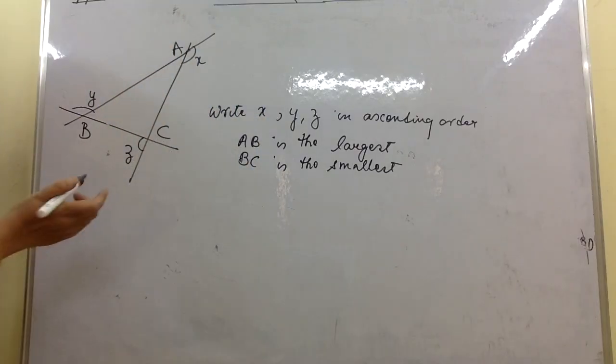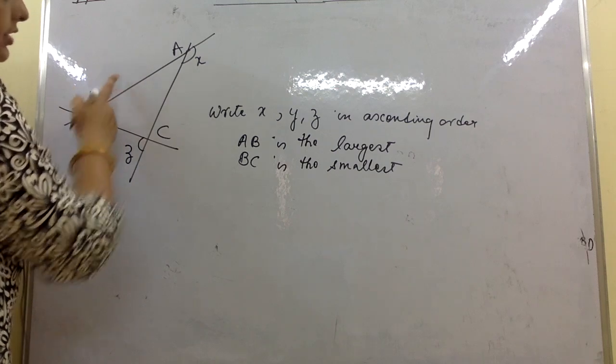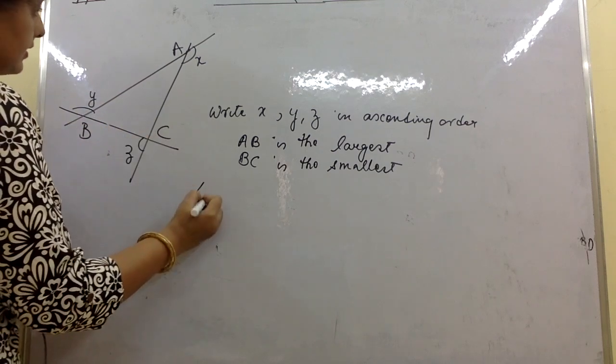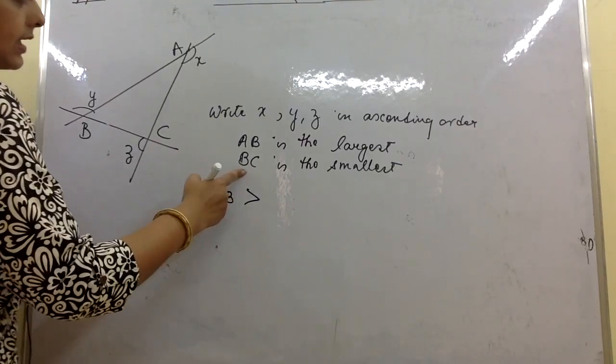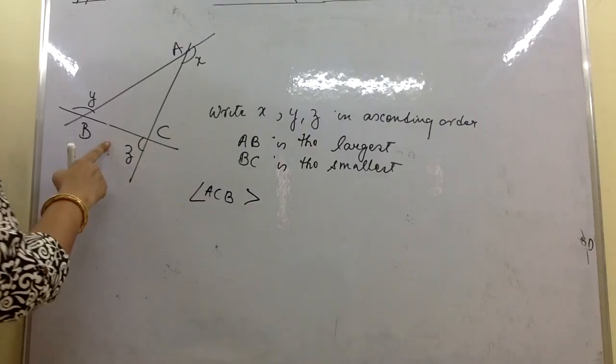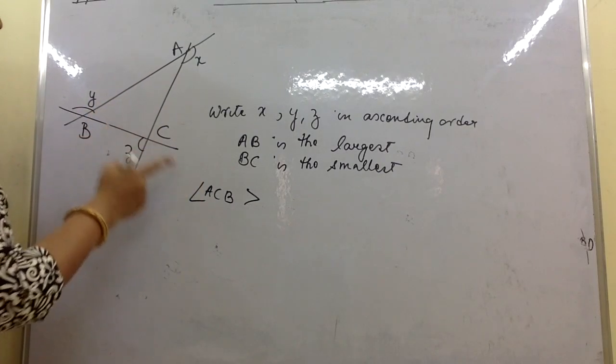If AB is the largest side, that means angle ACB is the greatest angle.